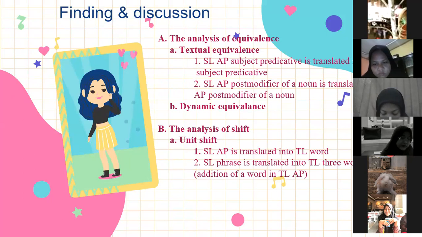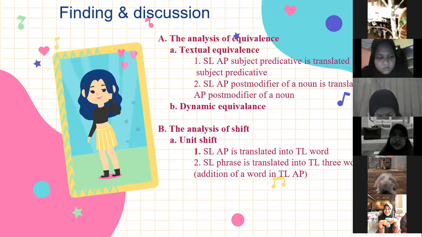For the findings and discussion, the analysis of equivalence. A. Textual equivalence. First, a source language adjective phrase, subject predicative, is translated into a target language adjective phrase, subject predicative.